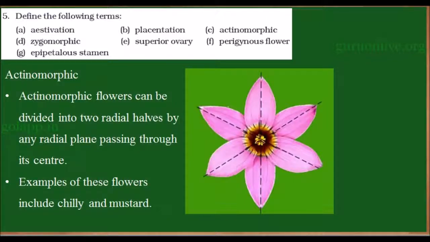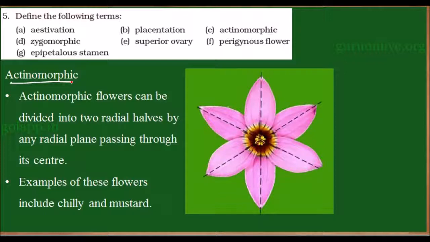The next term is actinomorphic. When we take a flower, not every flower can be divided into two equal parts. In what way we divide the flower to give two equal halves depends upon the symmetry of the flower.